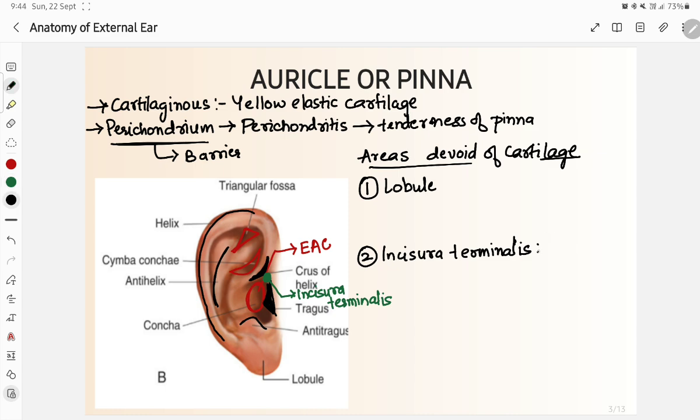Now, incisura terminalis is an area which is devoid of cartilage, right? So, whenever we make an incision here, the chances of complications or any infections or inflammations will be very minimum. So, it acts as an excellent site for incision in our endoaural surgeries.